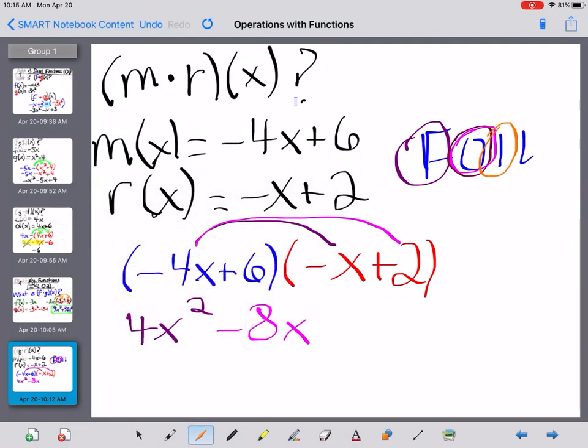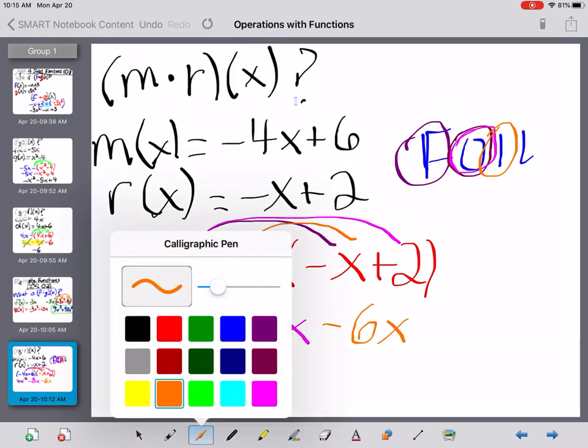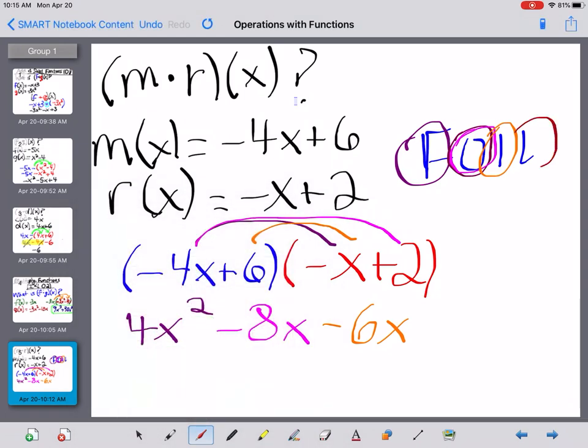Okay, then we're going to do our inner. Do it in orange. So we got a positive 6 times a negative x. So that's going to be a negative 6x. And then our last for our L. So our last would be 6 times our other last would be 2. So positive 6 times positive 2 gives me a positive 12.